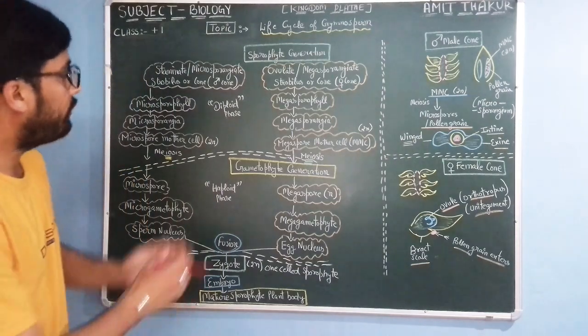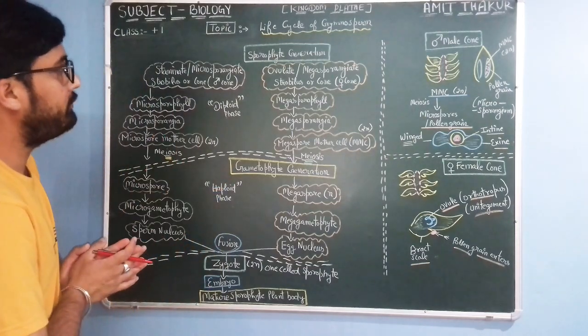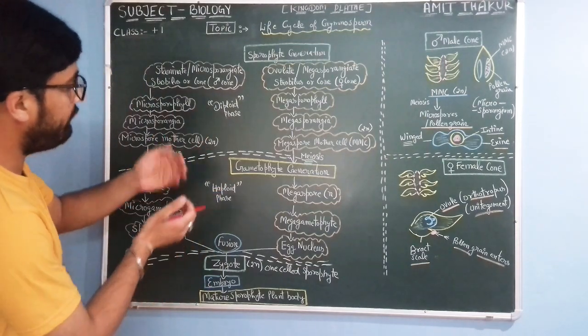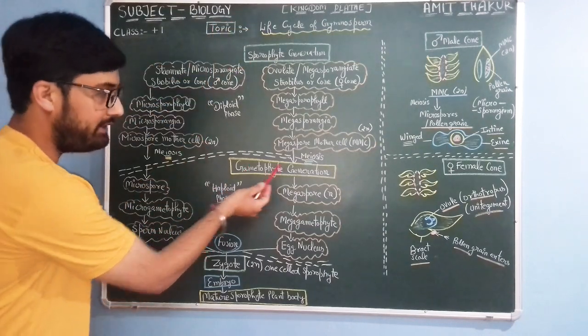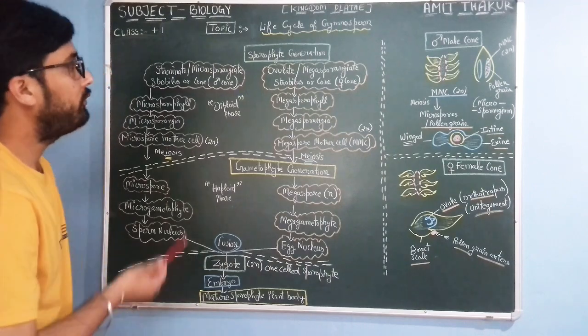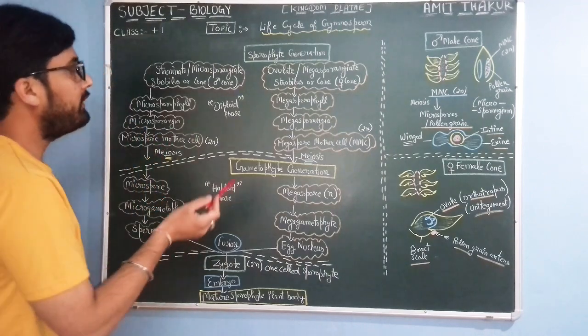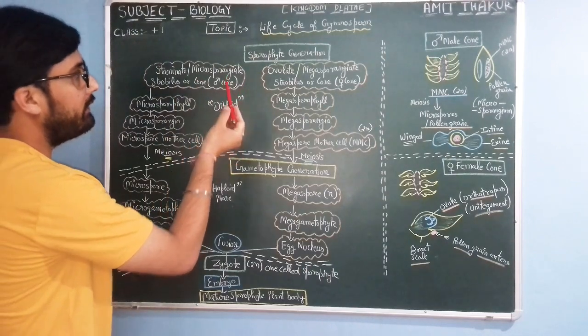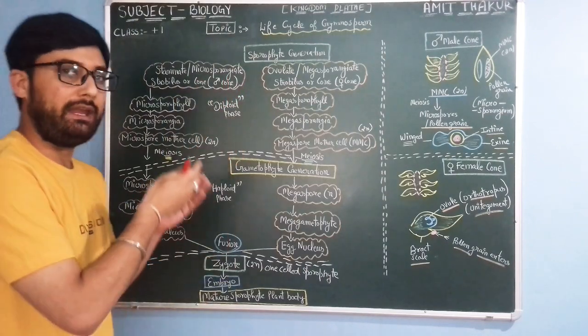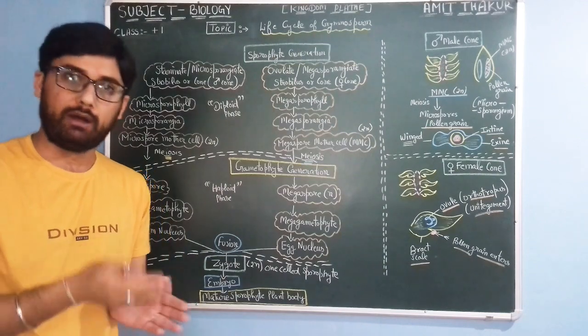Okay. So here is the life cycle of gymnosperm, and I have differentiated the sporophytic generation and gametophytic generation. So let's begin the life cycle. In sporophytic generation, both male and female reproductive parts are formed.